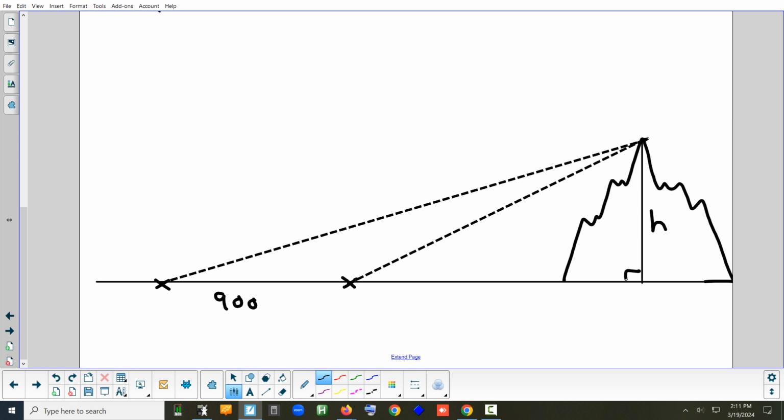All right, now we're going to fill in our angles. The angle of elevation is the angle from the ground pointing at the peak. What was the first angle of elevation? 47. And the second angle of elevation, because we backed away a little bit, got smaller: 35. Would the angle ever go to 0?